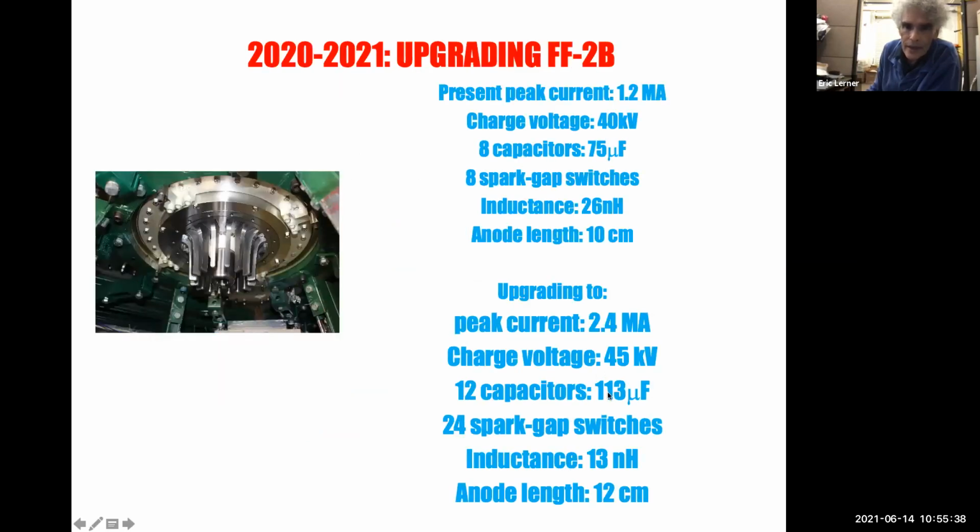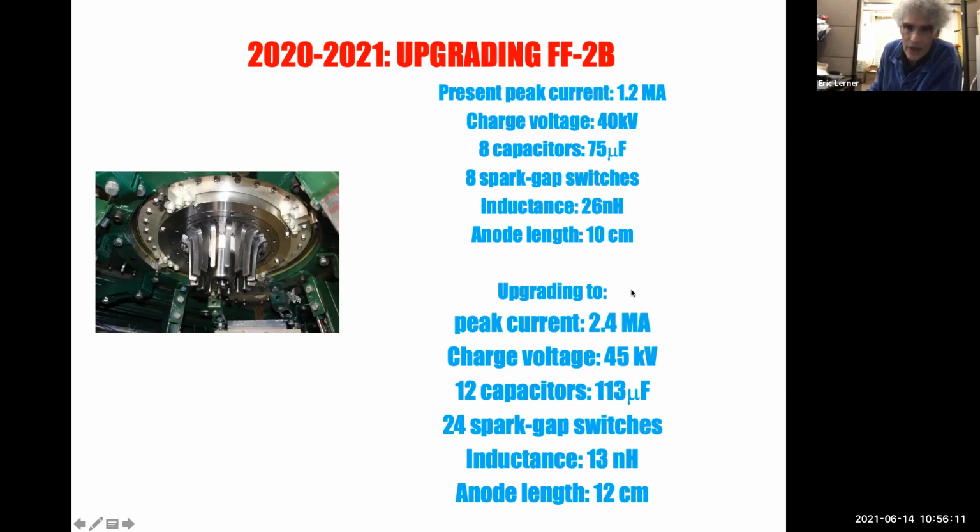So now we get into the present phase. What happened was we realized in March of 2020, we had to shut down because of the pandemic. We had to shut down because of the broken anode. So we said, well, why don't we upgrade to what we were intending to do, which is to increase the current by reducing the induction by moving to dual switches.